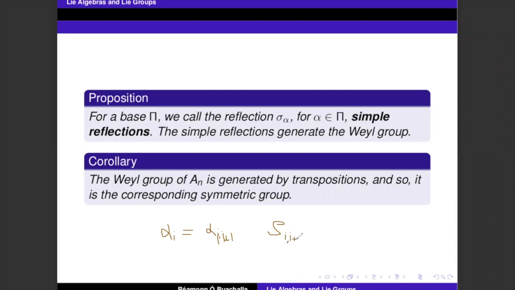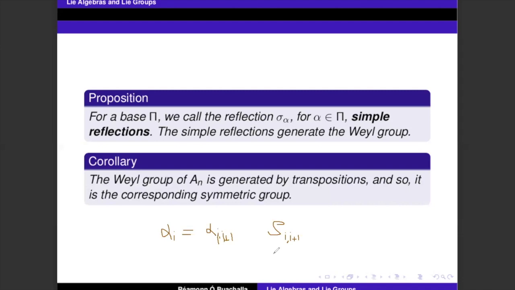If you remember from last week, we just saw that the corresponding reflection was just going to interchange S sub I and S sub j. So in this case, they're just going to be transpositions, ones that swap two elements next to each other. So then we see that these give us a generating set for the group. But of course, that means that we've just got the symmetric group. Okay, I'm being a little bit careless with regards to relations here and so on, but this is basically what's going on. So the Weyl group of this A series is just going to be the symmetric group.